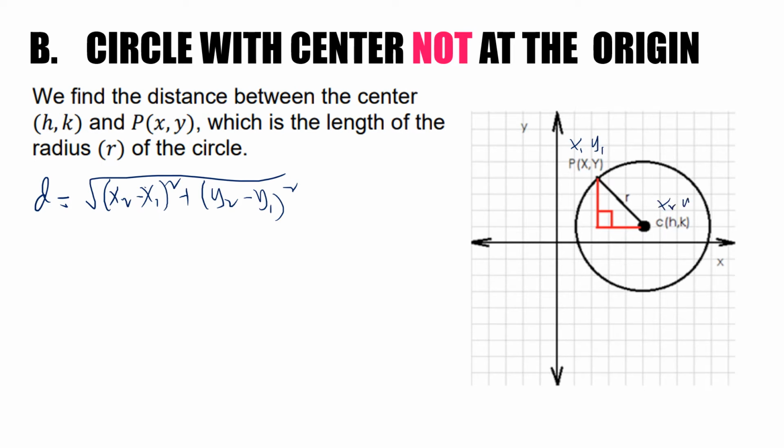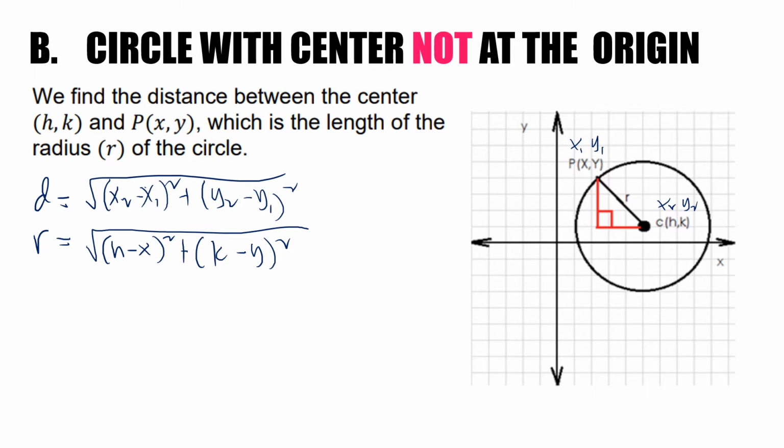This is y sub 2. Then substitute here. We know this is the radius r. So you are given x sub 2 is h minus x, squared, plus y sub 2 is k minus y, squared.